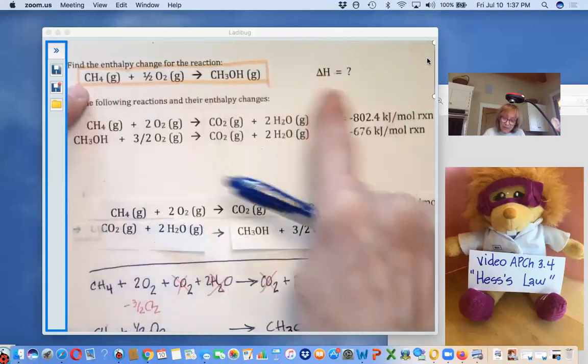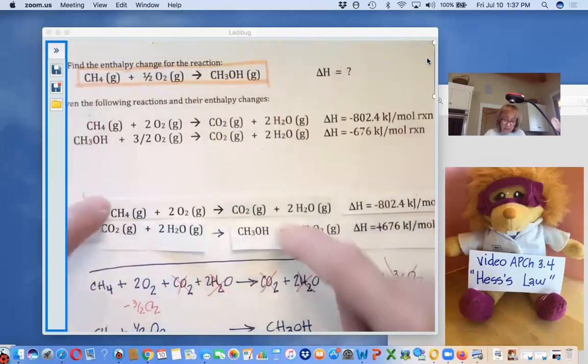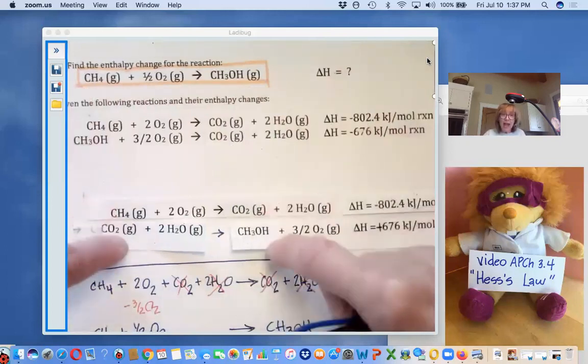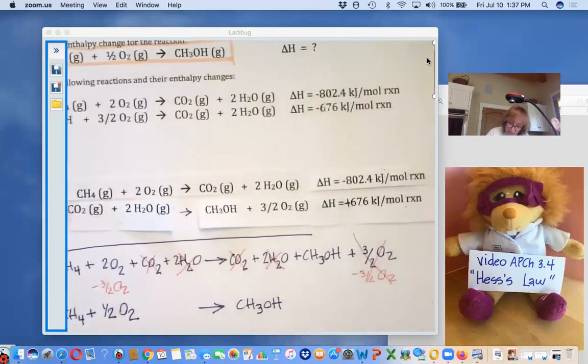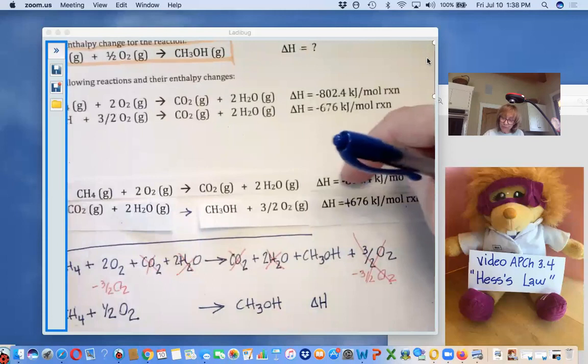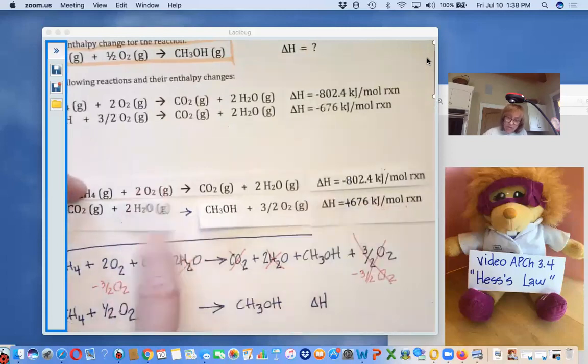So what is the delta H? Hess's law tells me that if I can take equations and add them together to get my target, then the delta H of this target is just going to be the sum of these delta H's. I added the equations together. Now I'm going to add the delta H's together.